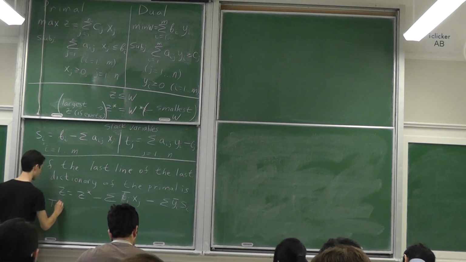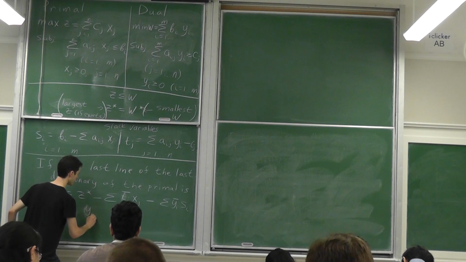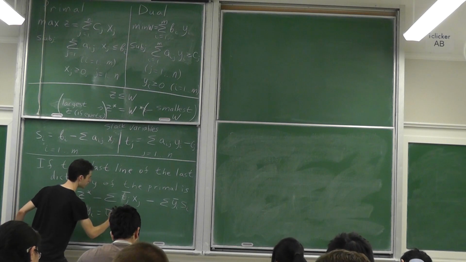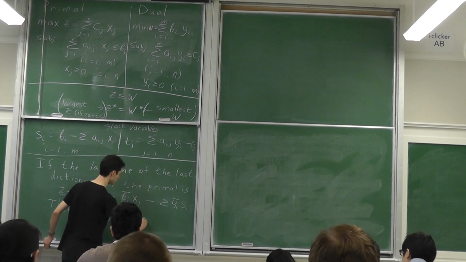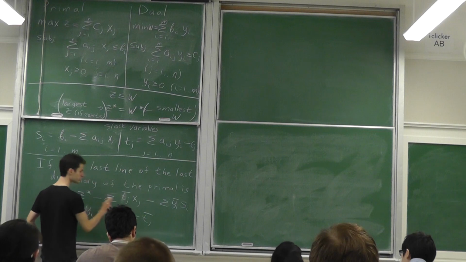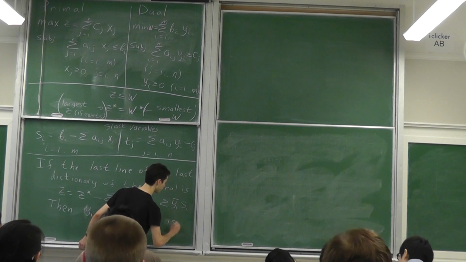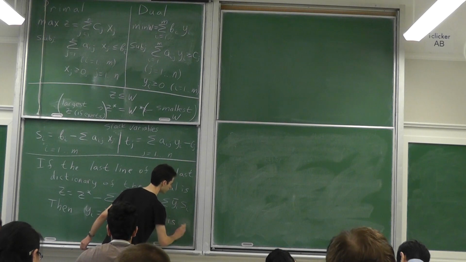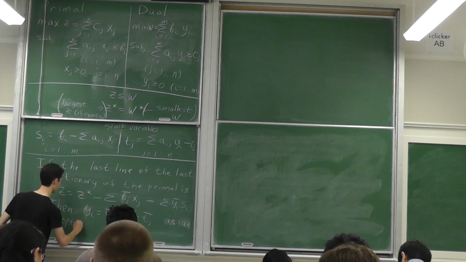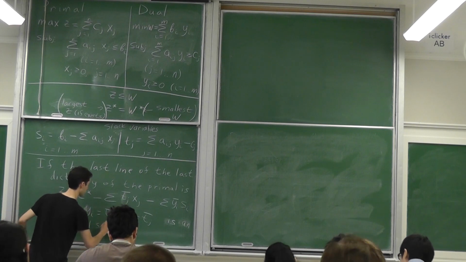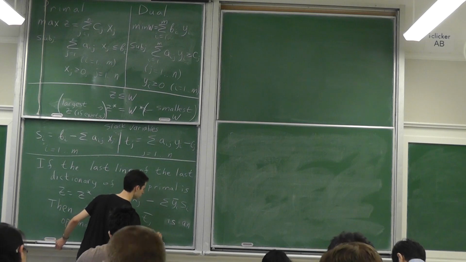Then y_i, just take it to be these coefficients, and t_j, take it to be these coefficients, is an optimal solution to the dual.